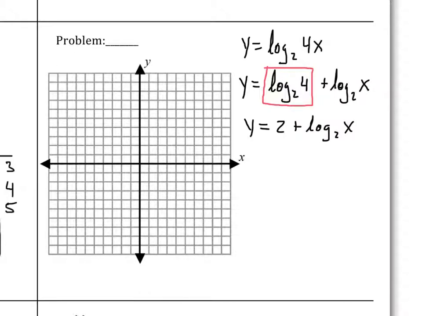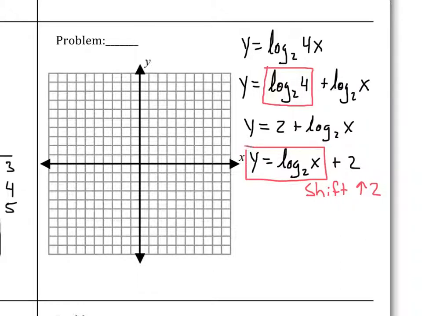I can flip those around: log base 2 of x plus 2. That tells me we have a shift going up 2.